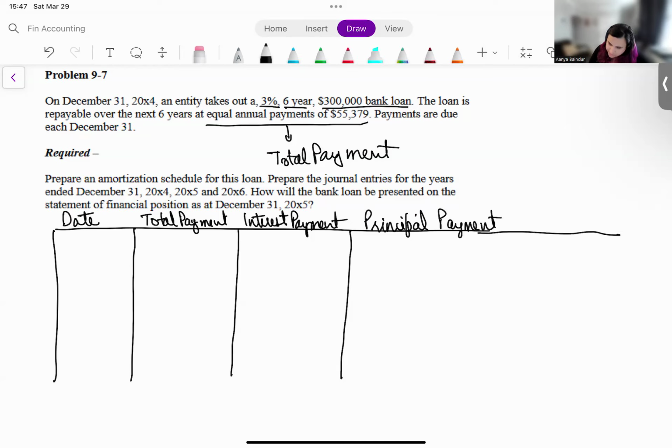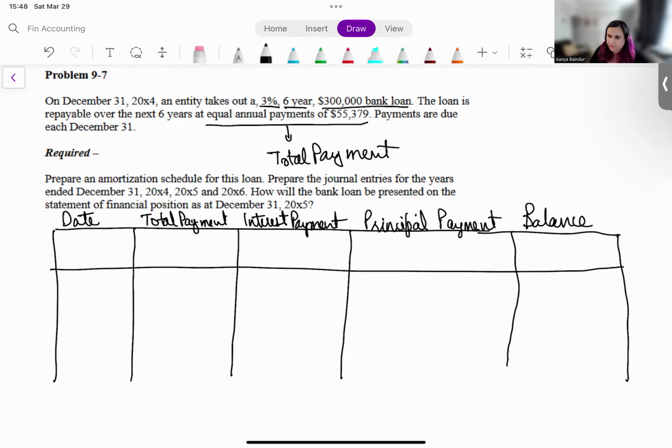And lastly, we are keeping track of the balance of the loan. The first entry will be when we've taken out the loan, on December 31st, 20x4. So just ignore everything and let's put down the balance, which is 300,000.